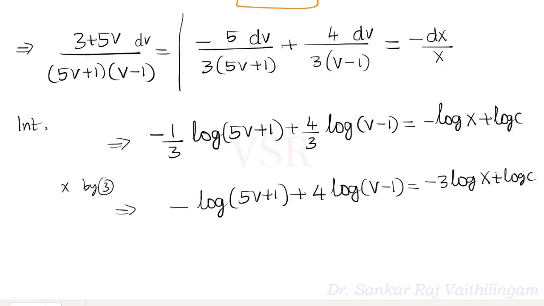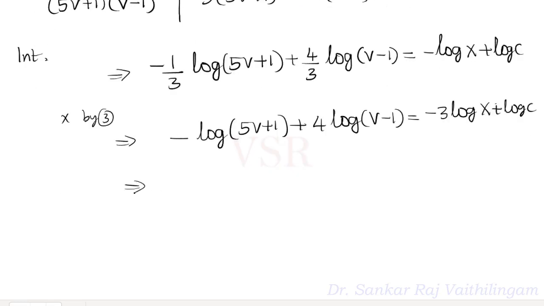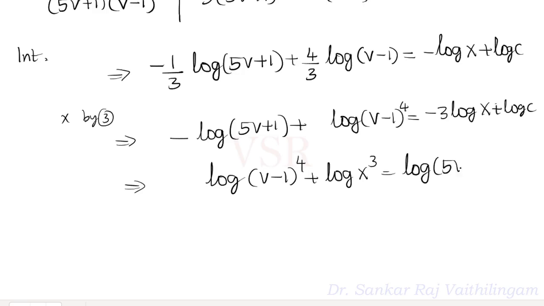So this implies that the 4 goes into the power, so we make it power 4. Bringing terms across, we get log of v minus 1 the whole power 4 plus log x the whole cube, which is equal to log of 5v plus 1 plus log c.